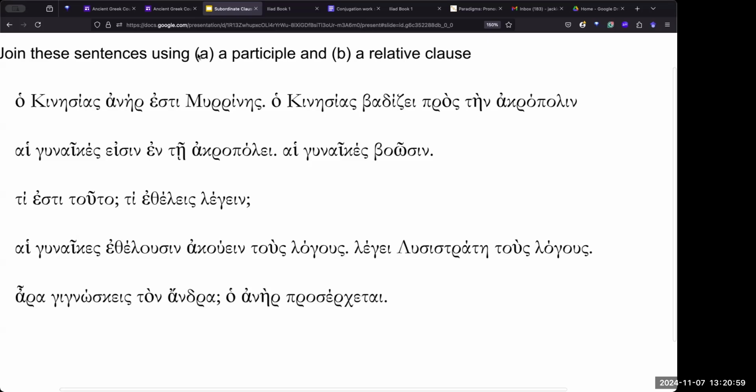Even though the noun it's referring to would normally be at the end of the sentence, you can actually do this: whose gunaikes ethelusi akuin lege Lysistrata tus logus.